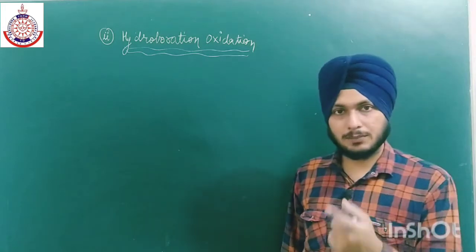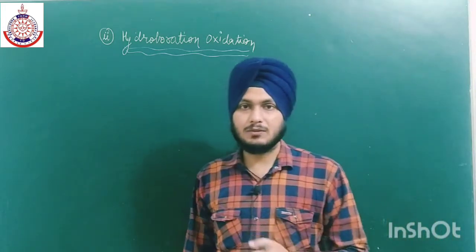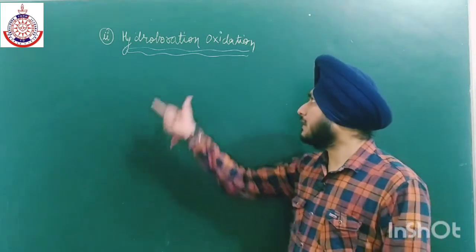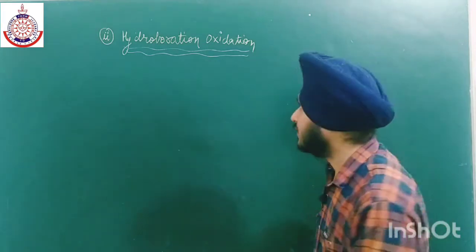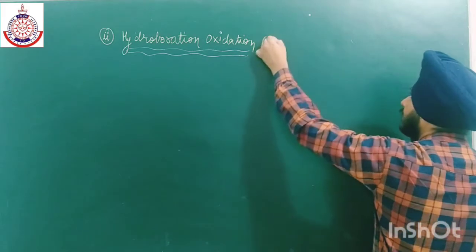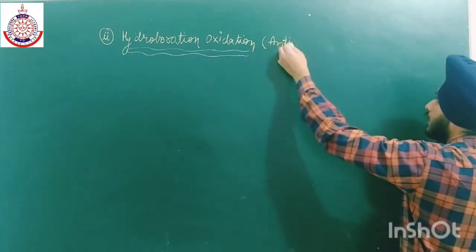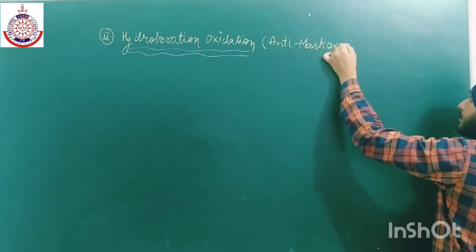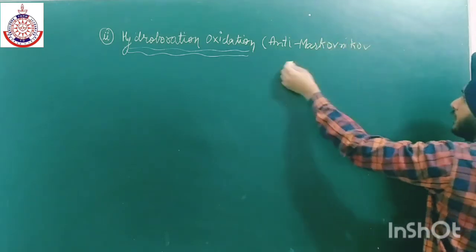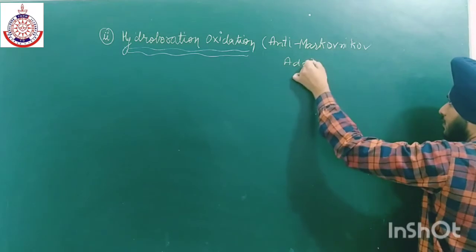We will get the 2 degree product as the most stable, the major product. But in this method, we get the anti-Markovnikov product. So anti-Markovnikov addition will take place.